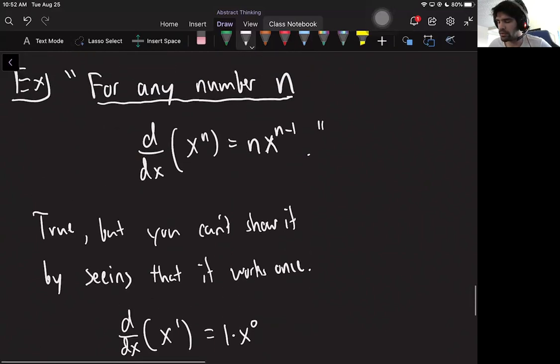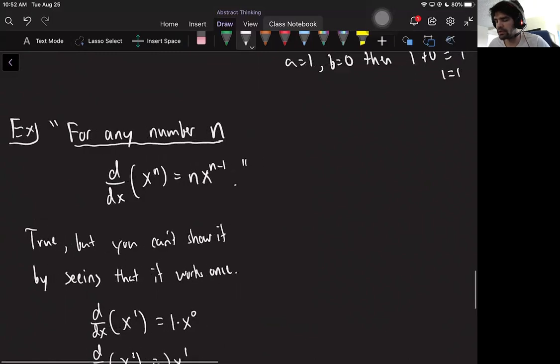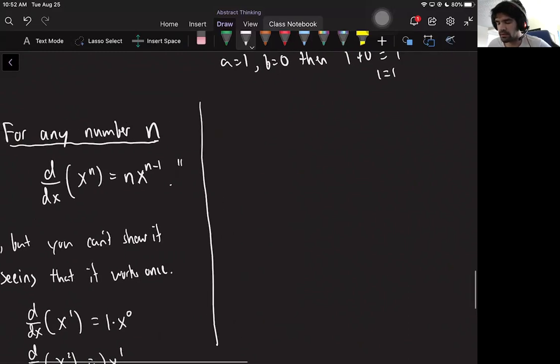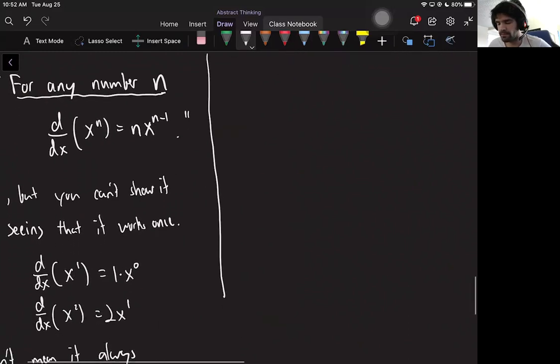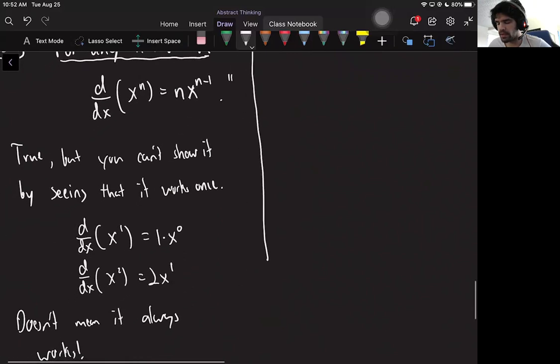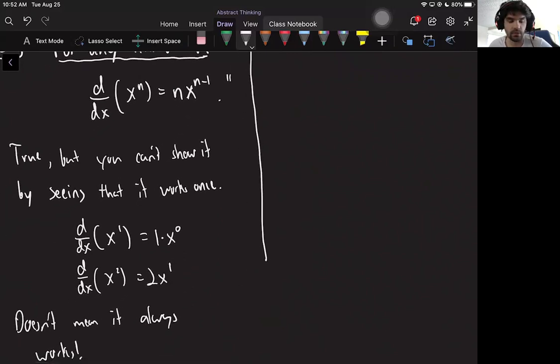Okay, so later on we'll deal with what you can actually do with things like this, and how to prove things. But for now, just think about the fact that showing that it works a couple times is not enough to say that it always works.